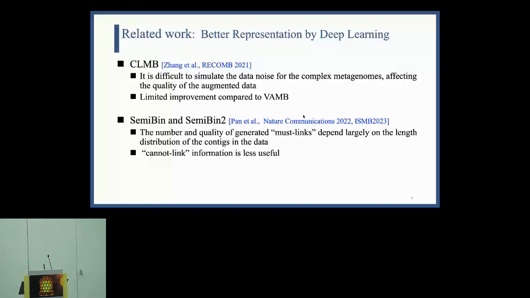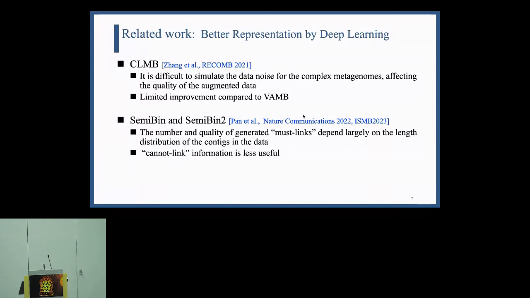CLMB introduced a pair of augmented data for each contig by adding noise to the feature vector. However, simulating the data noise for a complex metagenome is difficult. CLMB only has a slight improvement compared to the variant without using contrastive learning.